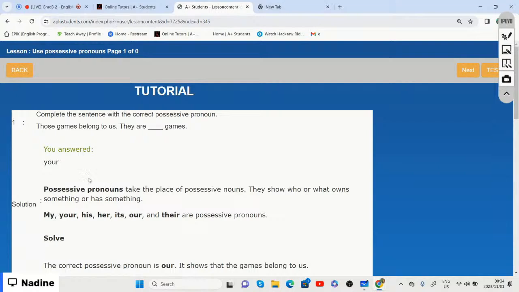Is it my game, your game, his game, her game, its game, our game, or their game? That is if it belongs to us. So if something belongs to us, do we say it is mine, yours, his, her, its, our, or their?